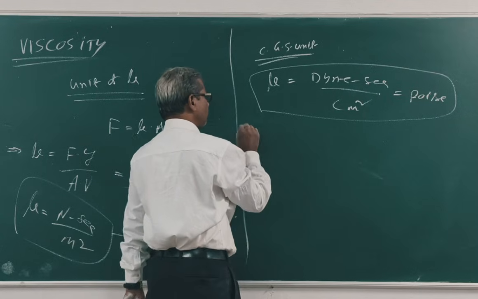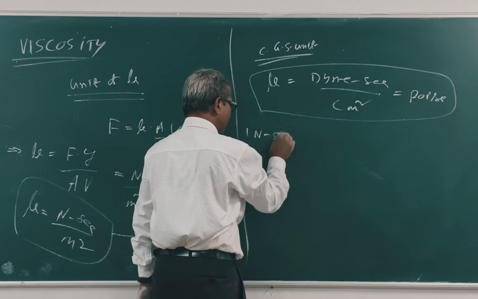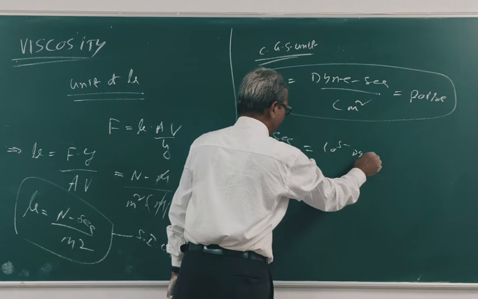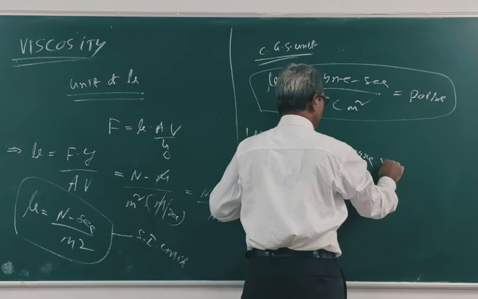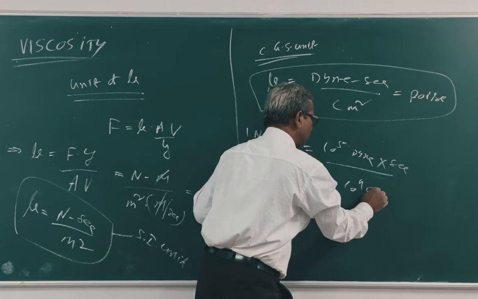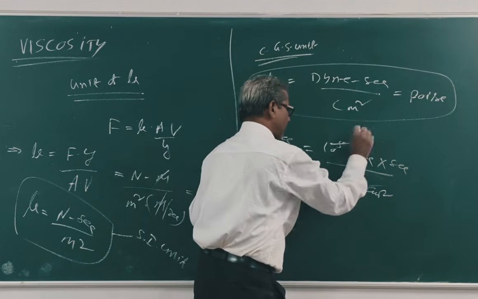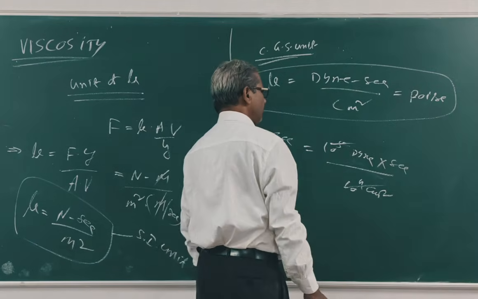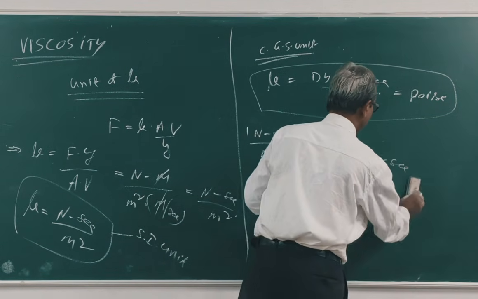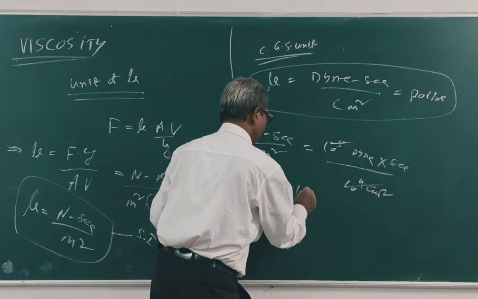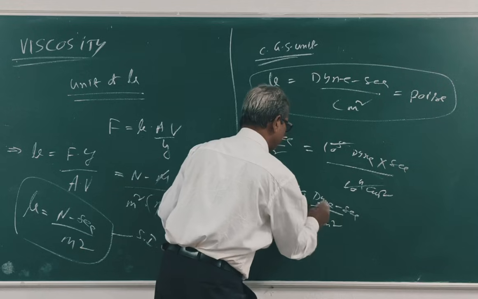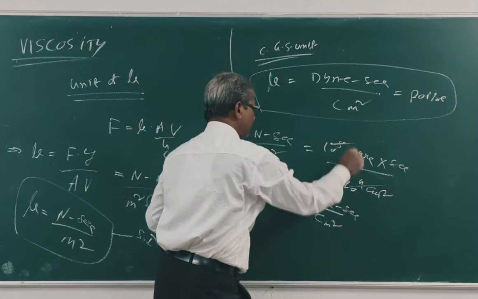So 1 Newton second per meter square is equal to 10^5 dyne into second by 10^4 cm square. 10^4 cancels out. Clear? This is equal to 10 dyne second per cm square, means 10 poise.